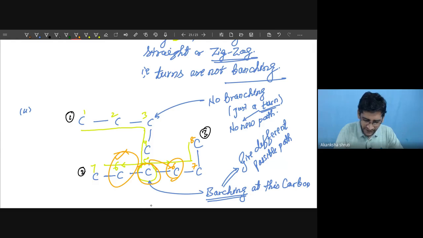I have two possibilities. Moving on one path, say on left, I can reach up to 7, but moving on the other path, I can reach up to 8. So the one which gives the longer path is the preferred one. Therefore, the right-hand path of numbering, meaning 6, 7, 8, is preferred, and this is not preferred.